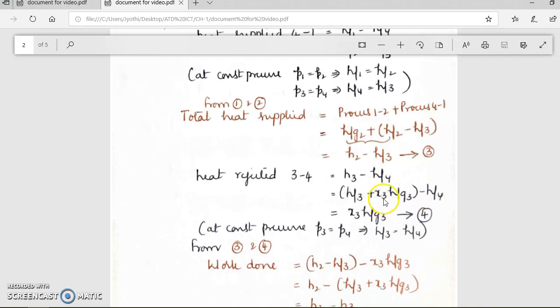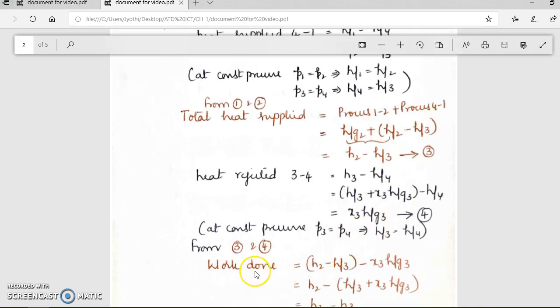Here we notice that at point 3 there will be a wet vapor, so obviously the value of X3 exists, whereas at point 2 we assumed the steam leaving the boiler is dry saturated, and after expansion in the turbine the steam is wet. Finally, the magnitude is X3 into HFG3.